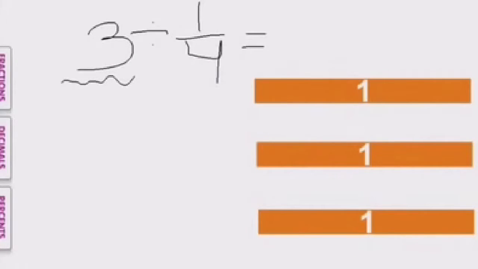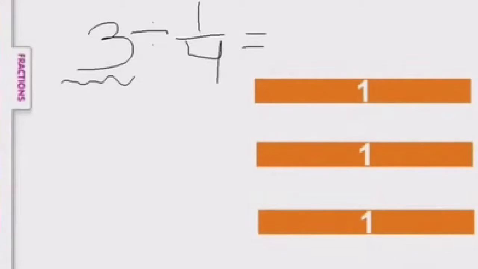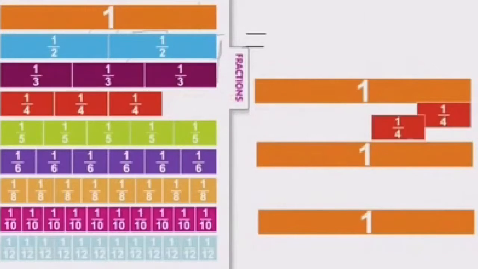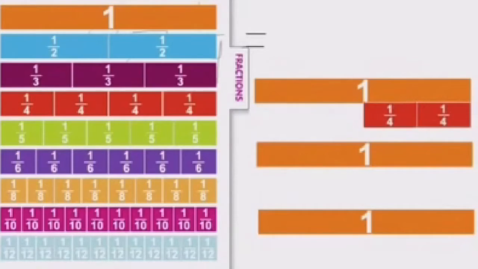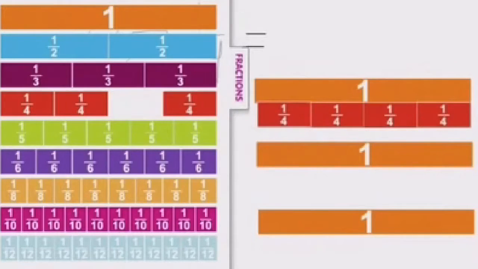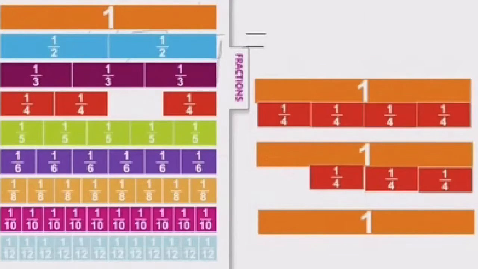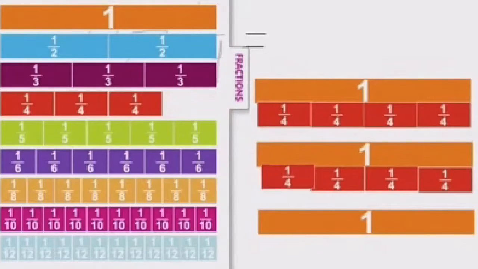Now we need to put these into groups of 1/4. So I'm going to select my 1/4 and just line those up with all of my 1s. Okay, make sure you're lining them up correctly. You should have 4 1/4 pieces for each whole number 1. Remember, the fraction 1/4 means you need 4 of them to make a whole.